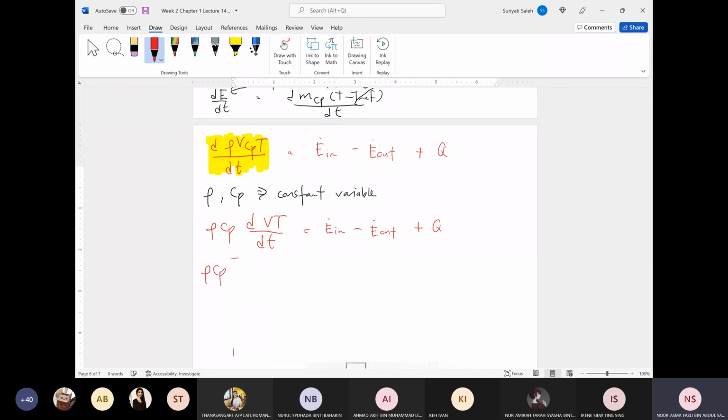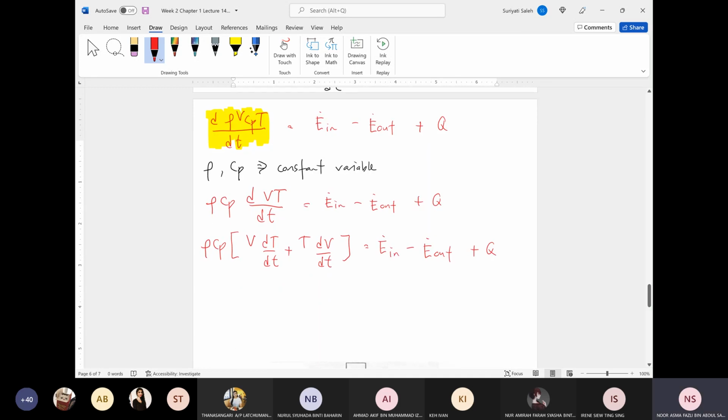So this becomes V dT over dt plus T dV over dt equal to E in minus E out plus Q. So we have the expansion of the differential equation from the single term d(VT) over dt into V dT over dt plus T dV over dt.